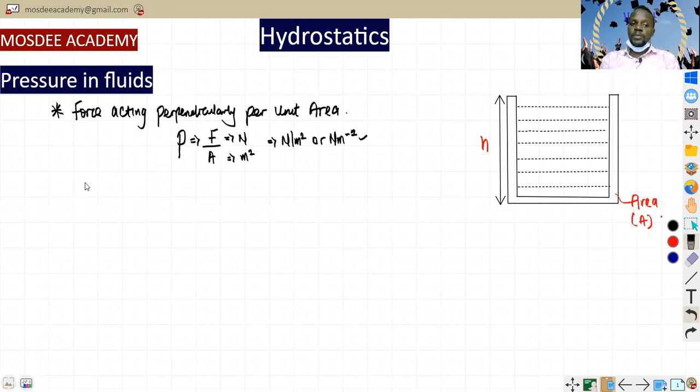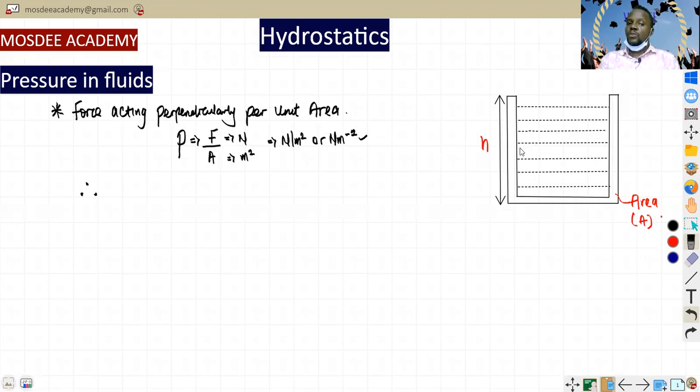Considering fluid pressure, we can say the pressure acts at any layer of this fluid, at any point of the fluid, we can take any desired point.